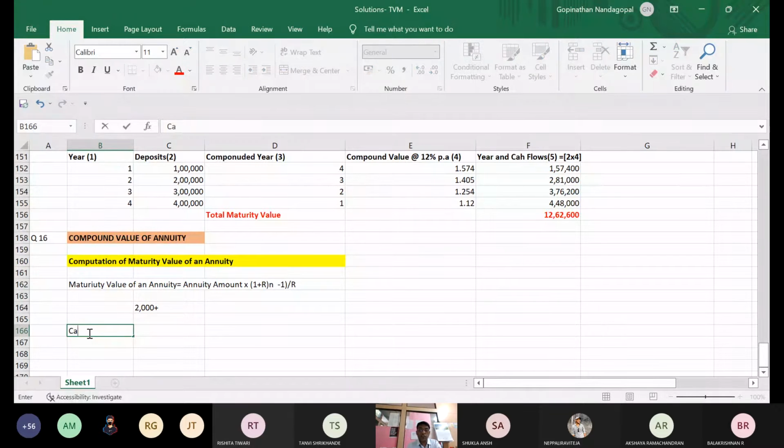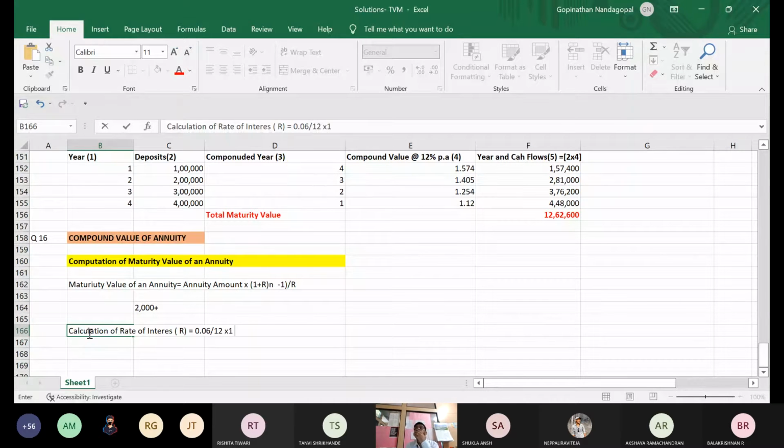Calculation of rate of interest. R is equal to, just listen to me very carefully, 0.06 divided by 12 into 1.